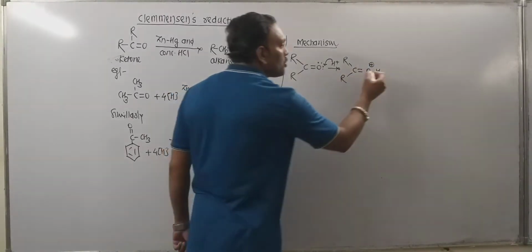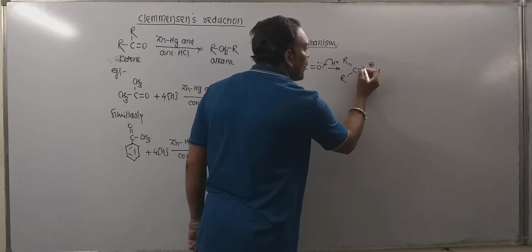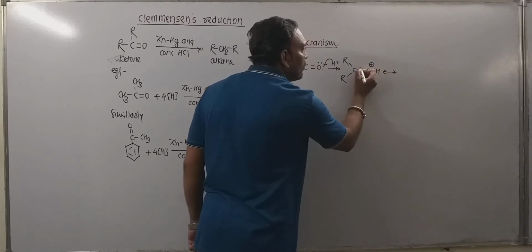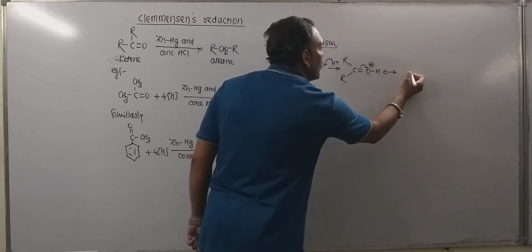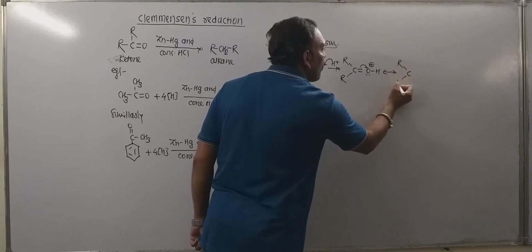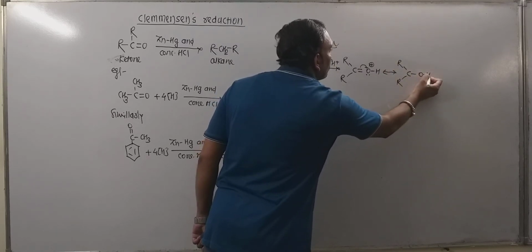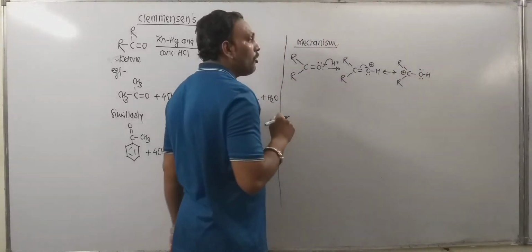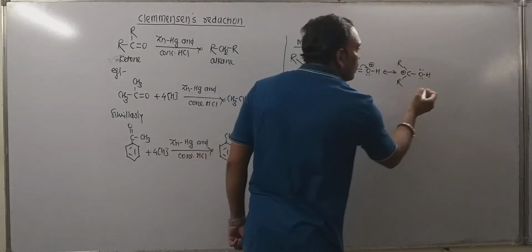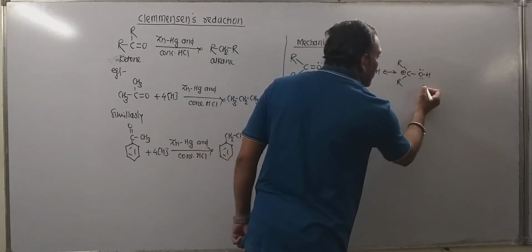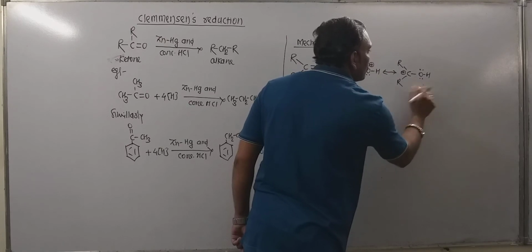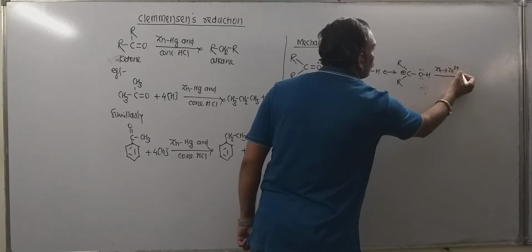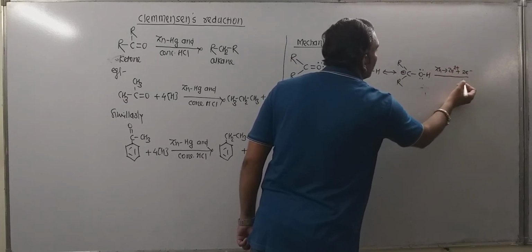Now the intermediate so obtained is a resonance hybrid, and its other canonical or resonating form can be given like this. That leads to the formation of an intermediate in which this carbon bears a positive charge. Now the role of the metal comes in, I mean zinc, which is electropositive. Zinc undergoes oxidation producing Zn2 plus, and electrons get liberated in the process.